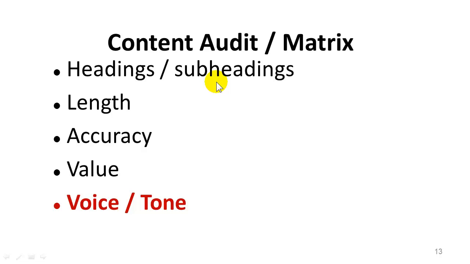If you're developing a website, page 1, page 2, page 3, what is the phrasing, what is the verbiage in those headings and subheadings? Are we going to impose a certain length to them? Any kind of values, accuracy with respect to possibly a mission statement, etc., the history of the company. Here is also where you develop voice and tone, which we're going to talk about later.